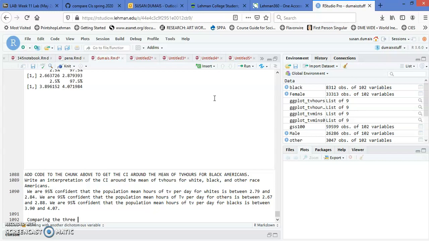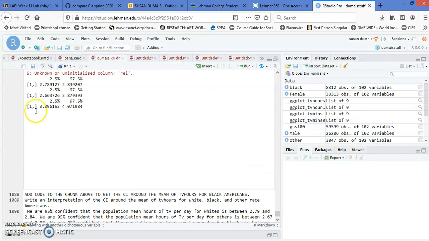Comparing the three groups, whites and others overlap. You can see that, right? It's these two groups right here. They cover some of the same area. Because they overlap, we can't conclude there's a difference.